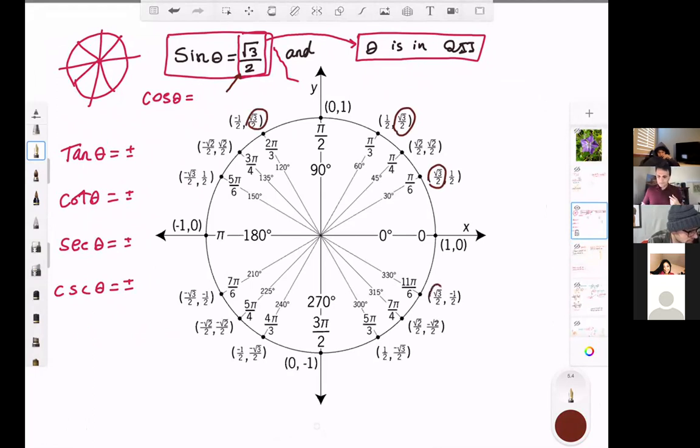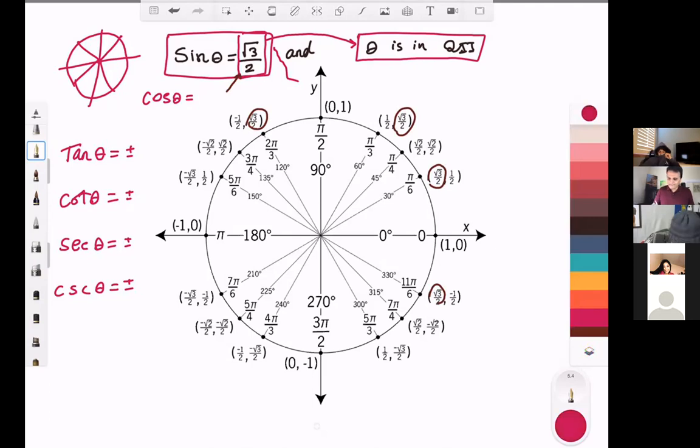This is great, because they give us a question where you know the exact value of theta. Your job is to know which quadrant it is. This is quadrant 2, so this is going to be the theta. They are not asking us to solve for theta. They're not saying theta is 120. No, they're asking what is cosine of theta.